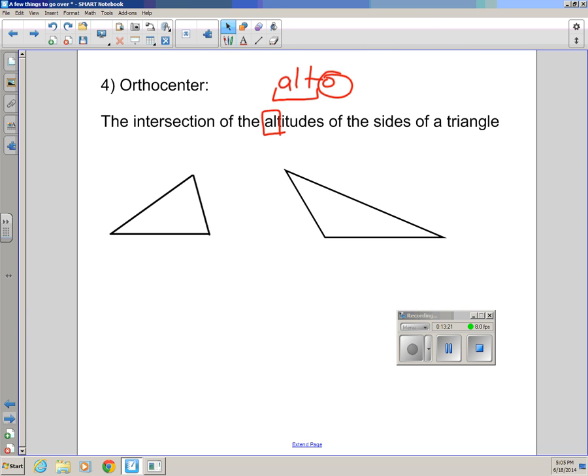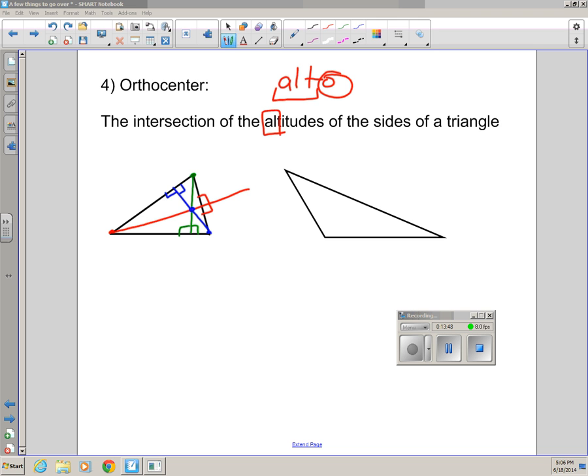Okay, so in an acute triangle, I draw my altitude from my vertex across so that it's perpendicular to this line. Something like this would work. That would be my altitude. That's what an altitude is. And last but not least, I'm going to take this one and draw, and voila, I'm perpendicular.